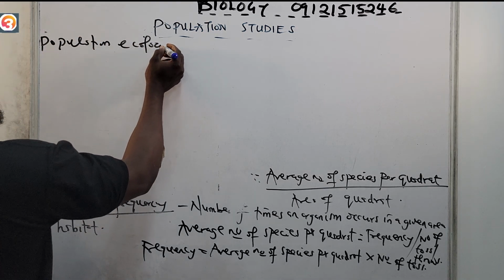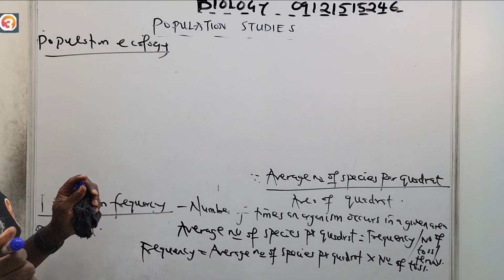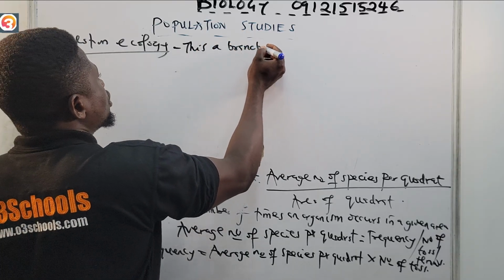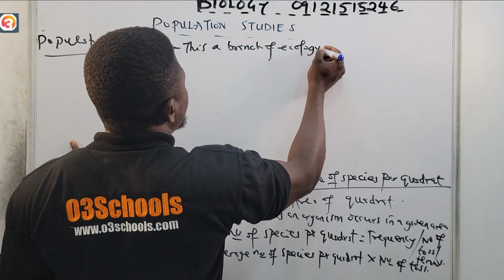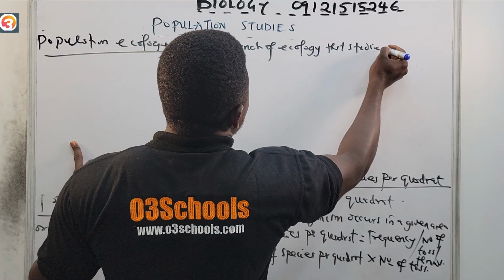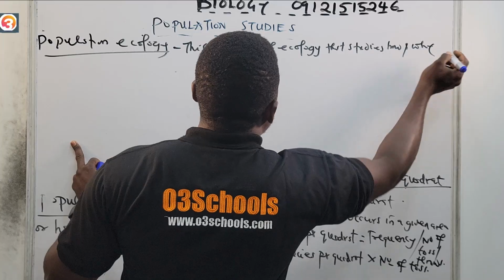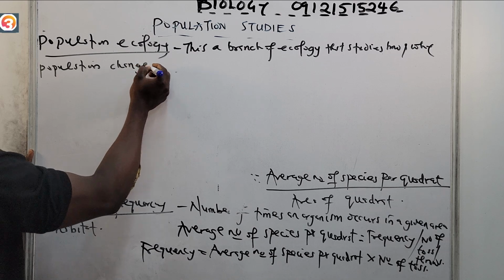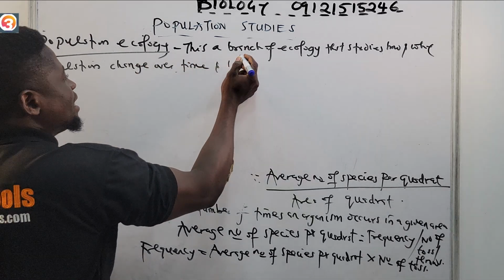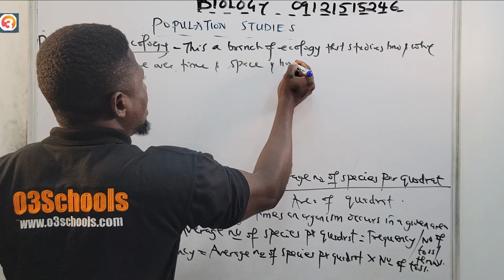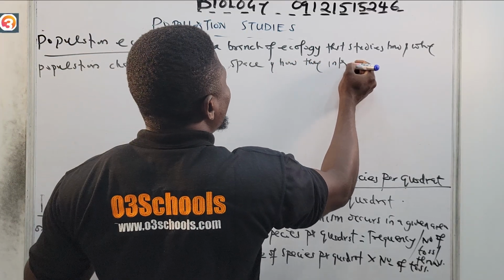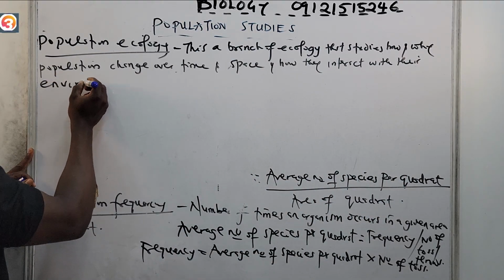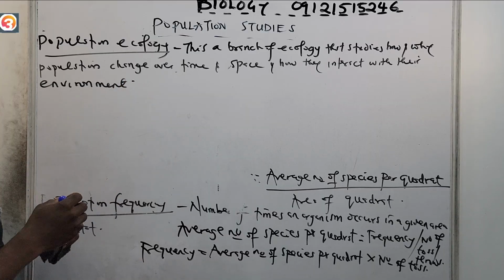Population ecology, on the other hand, is a branch of ecology that studies how and why populations change over time and space, and how they interact with their environment. So that is population ecology.